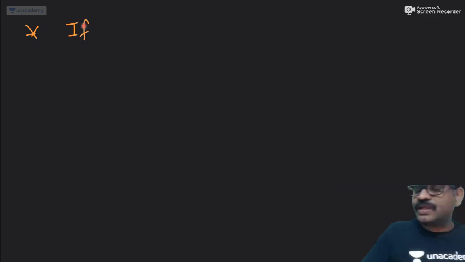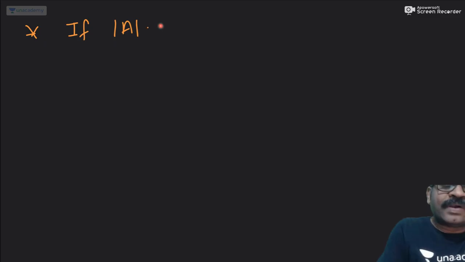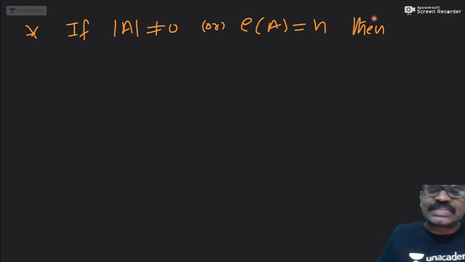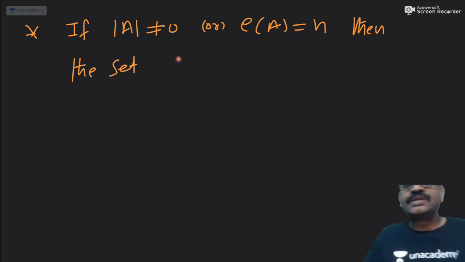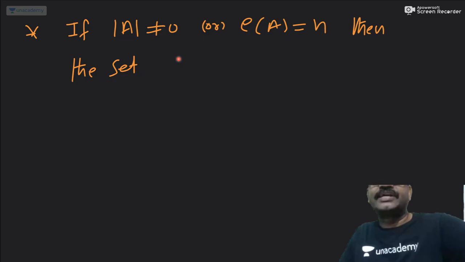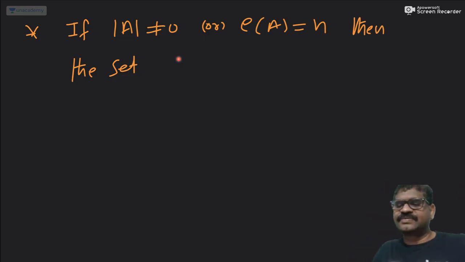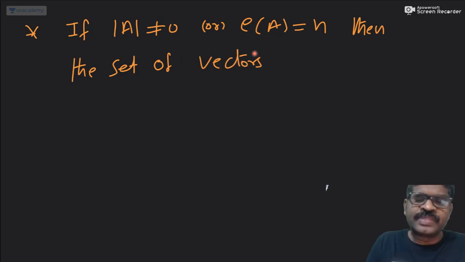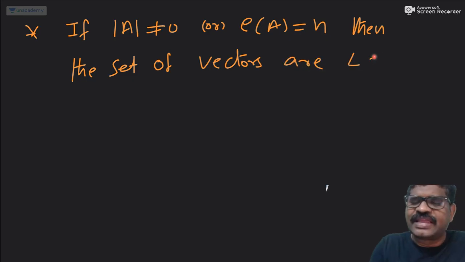If det A is not equal to 0 and rank of A is equal to n, the set of vectors is linearly independent.